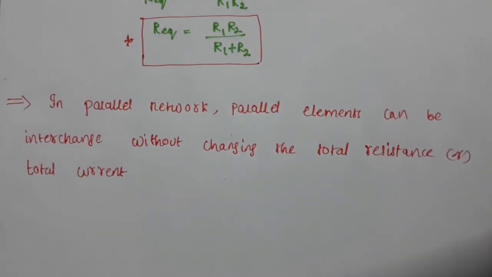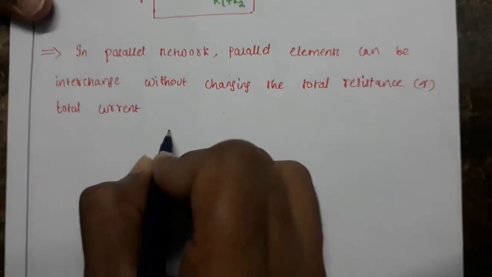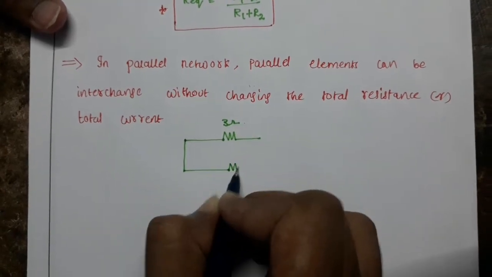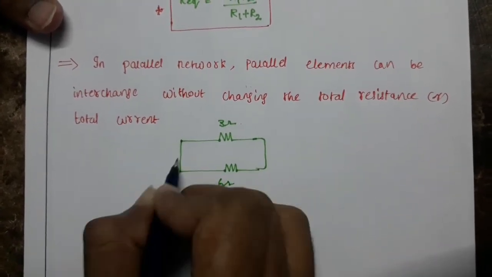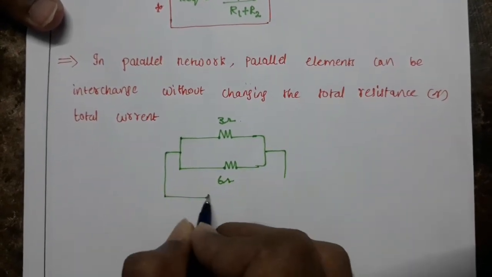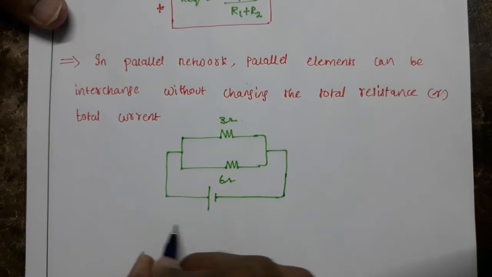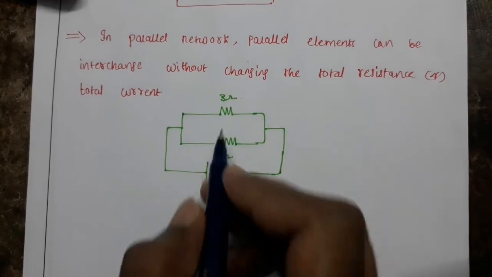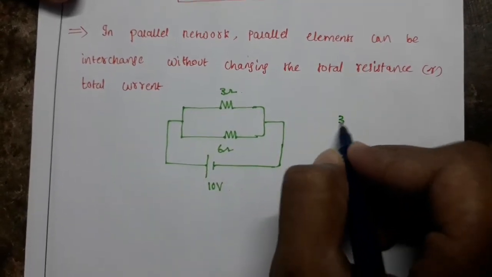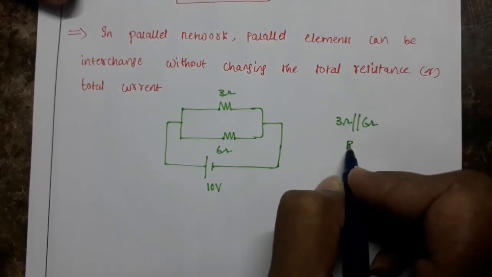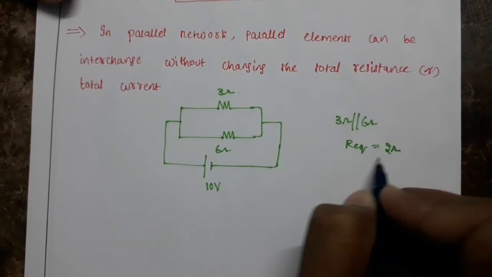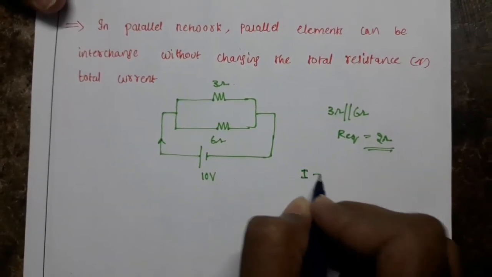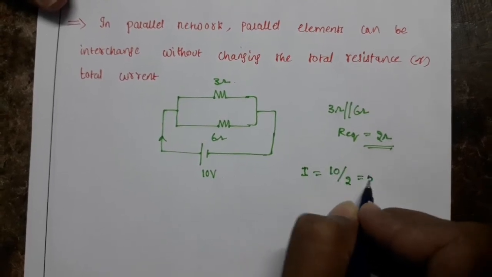I will show you by taking an example. This is resistance 1 of 3 ohms. This is resistance 2 of 6 ohms. And the voltage applied is, let me take, 10 volts. I have explained that when 3 ohms and 6 ohms are connected in parallel, the equivalent resistance is 2 ohms. So the current will be I equals V by R, therefore 10 by 2, which equals 5 amperes.